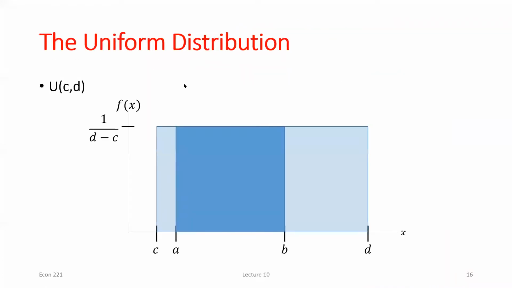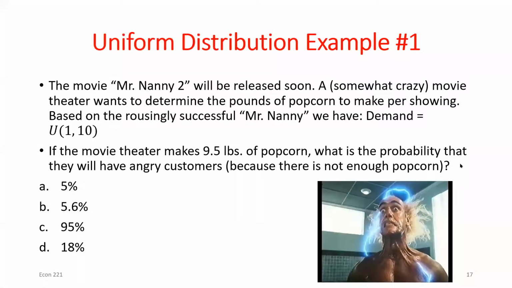So the next question, a refresher: if we want to find the area between two values, it's just the area of a rectangle, so we can look at the width times the height, or use this general equation, which expresses that but doesn't connect with the visual as easily. So in this scenario, if this movie theater makes 9.5 pounds of popcorn, what's the probability they didn't make enough?